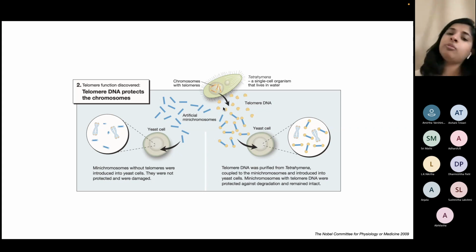However, there were these short telomeric ends also. Once this telomeric DNA was isolated and added along with these artificial mini chromosomes, then the yeast cells retained these chromosomes and they were intact and not degraded. So this suggested that telomeric DNA had a property by which it could protect the chromosomal ends.